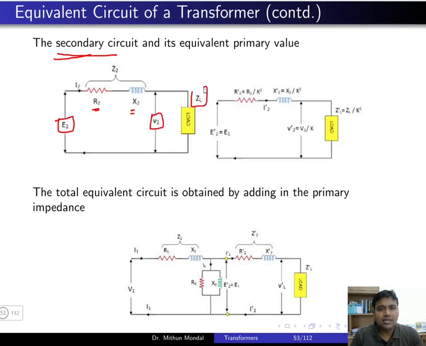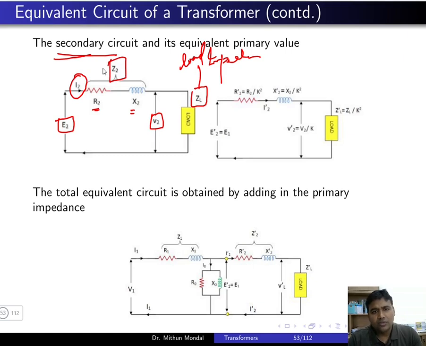ZL is the load impedance, and I2 is the current taken by the load. Z2 is the total impedance of the circuit parameters R2 and X2. Please note here that Z2 is different from ZL. ZL depends upon the load, while Z2 depends upon the circuit parameters.